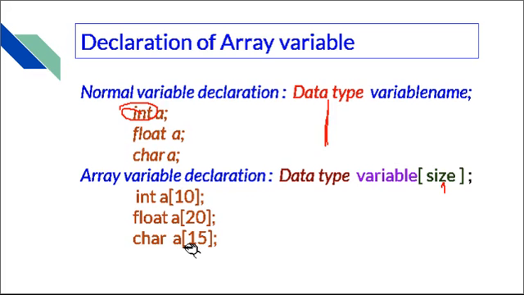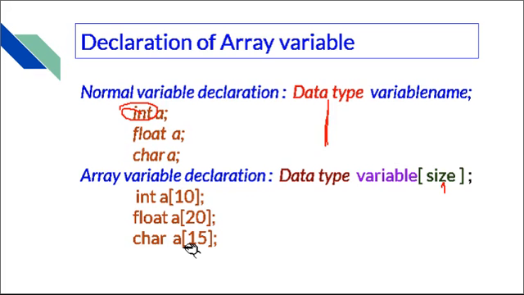Okay. So what is the definition of an array variable? What is the difference between a normal variable and an array variable? A normal variable is capable of holding only one value at a time. An array variable is capable of holding more than one value at a time. An array variable is a collection of similar elements.